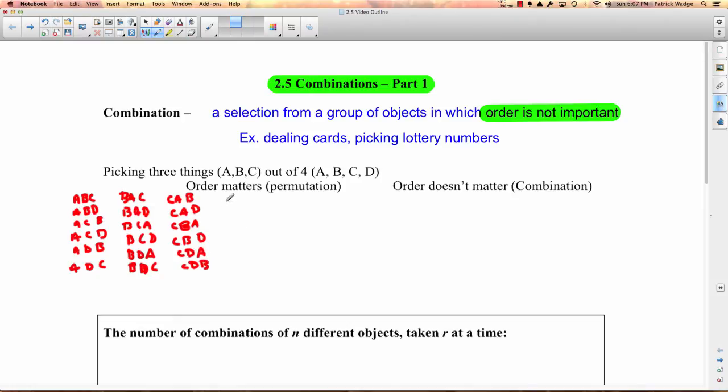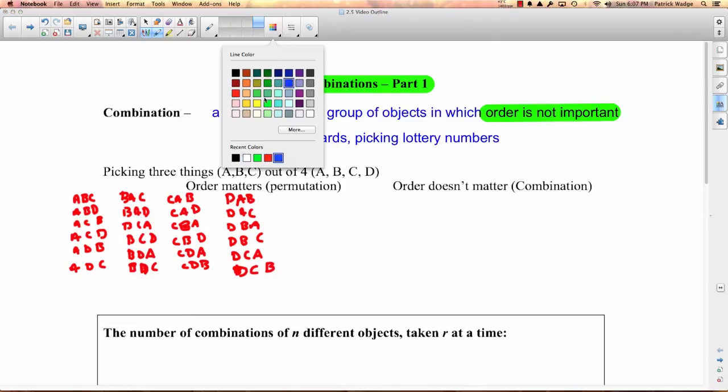And finally, if you started with D, you could have DAB, DAC, DBA, DBC, DCA, and DCB, and that's all of them. So how many is that? That's 6, 12, 18, 24, and that's exactly what you would expect because this is a permutation.